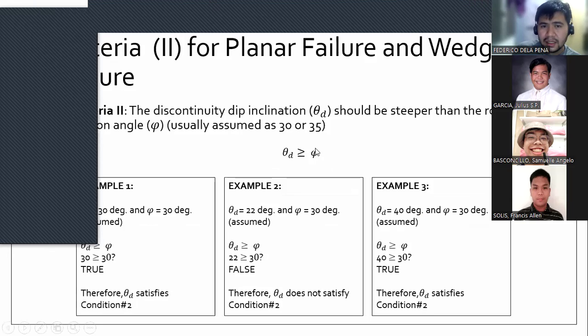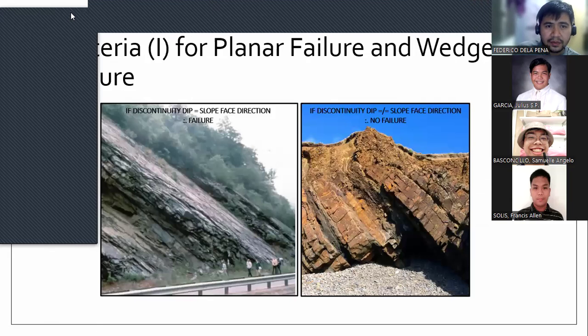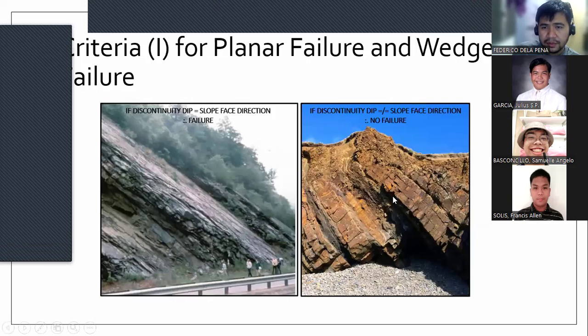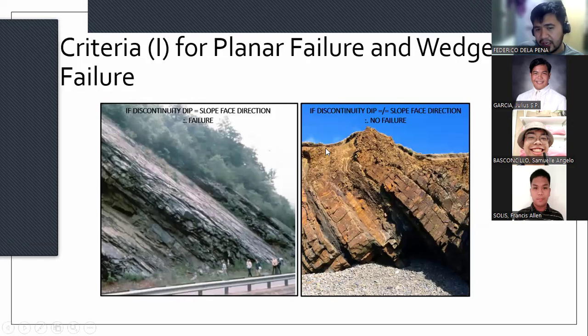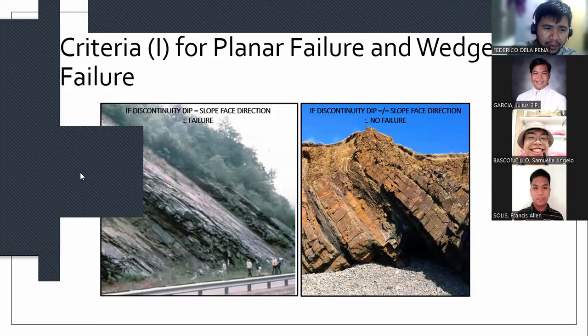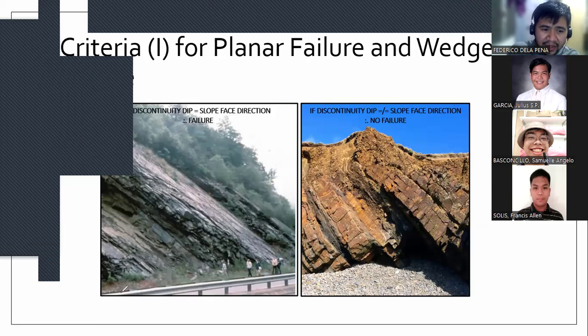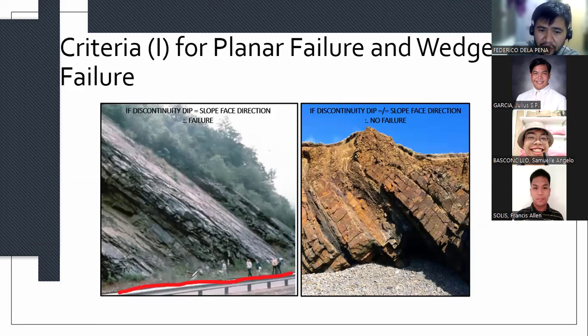And a picture. This is a good one. This is an illustration of criterion one. You can see here the road, and the slope is directed somewhere in this direction. This is the direction of the slope face.